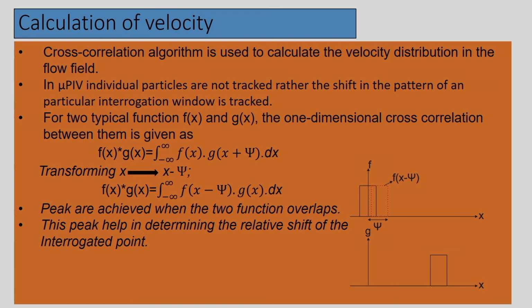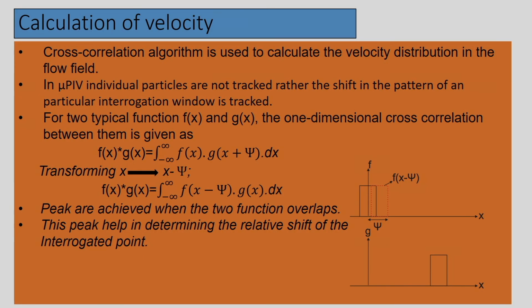I have taken this example again only to have our understanding in an effective way. The first frame is represented by a function f, which is a function of x, one dimensional. In the second frame, the image is represented by a function g, as seen from the schematic.